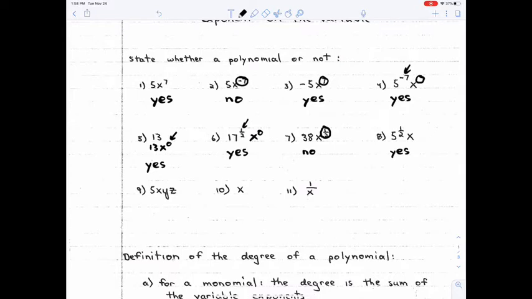On number 9, there can be more than one variable, so yes, this is a polynomial. And all of them have an exponent of 1. Number 10 has a variable exponent of 1, so that is. And 11 is a little tricky, but remember, this is the same thing as saying x to the negative first. So it is not a polynomial.